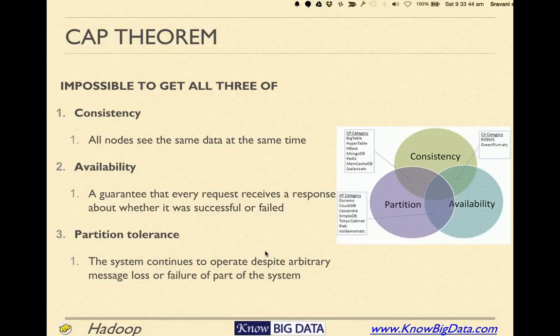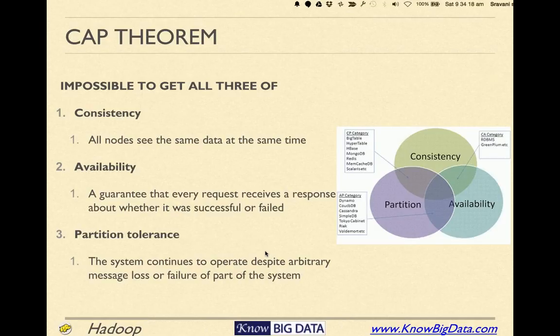This is availability: a guarantee that every request receives a response, whether it was successful or failed. Unlike consistency, which is black and white, either the database is consistent or not, availability is a grading, as in I'm this much available, somebody is 100 percent available, another is 99 percent available, and so on.